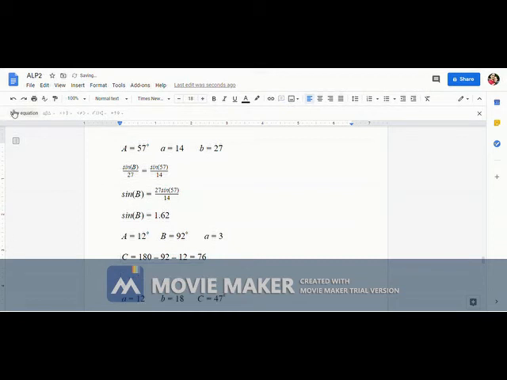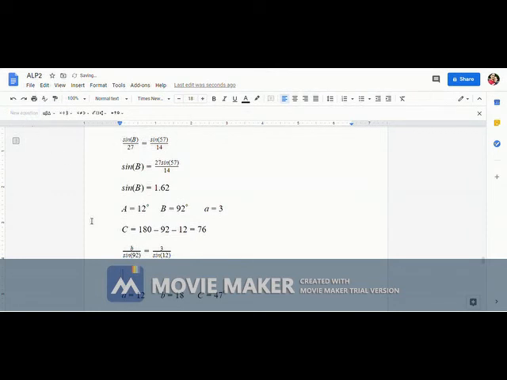Alright, and now we can use the law of sines to fill out the rest of this triangle. So we'll find side B first. B over sine 92 equals A, which is 3 over sine 12.